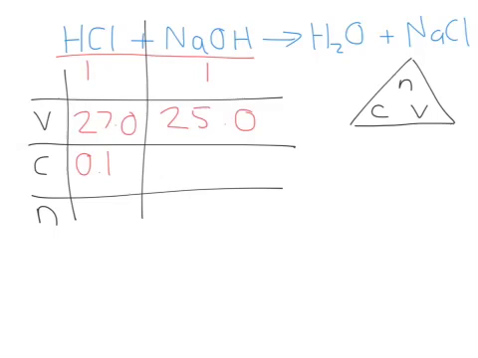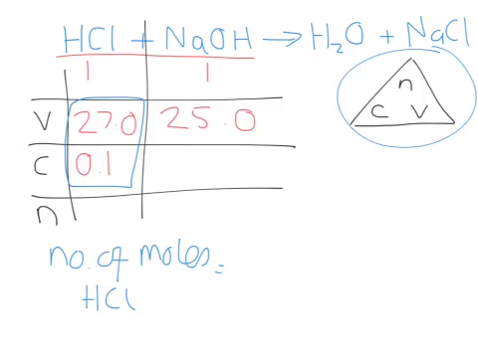We've now got two pieces of information about the hydrochloric acid, and we can use the triangle to work out the number of moles. So the number of moles of hydrochloric acid using the triangle would be concentration times by volume.